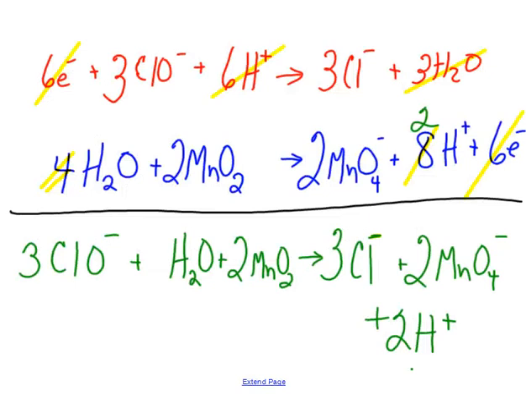So, adding hydroxides to both sides, just like any mathematical equation, what you do to one side, you must do to the other side. I see 2 hydrogen ions on the product side, so I'm going to add 2, not 20, 2 hydroxide ions to both sides of the equation. All right.